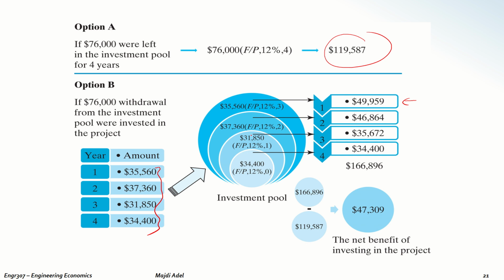At the second year it will generate $46,000. This is what we call the project balance. Okay, how do we calculate the project balance? From this formula.